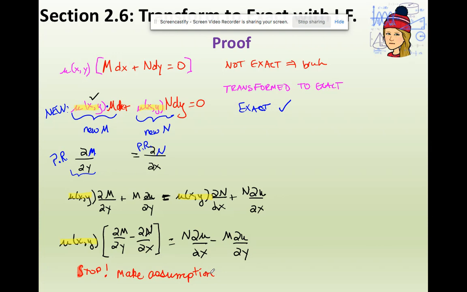To make my life easier, and this is, if you think back to the notes that you just took, I'm going to make an assumption and say this u of x, y is only in terms of x. If my integrating factor is only in terms of x, look what happens to this equation, because there's more than one thing.